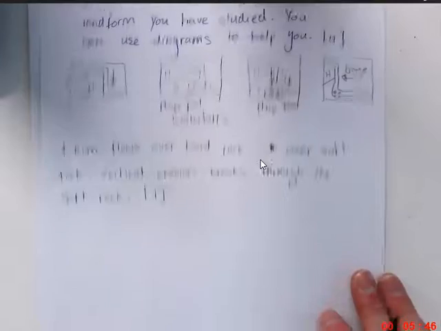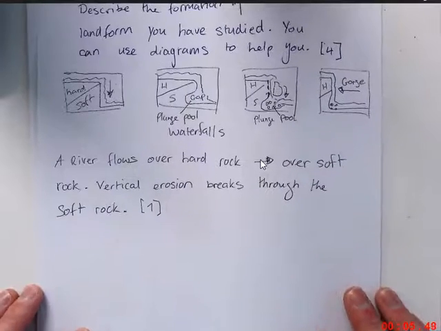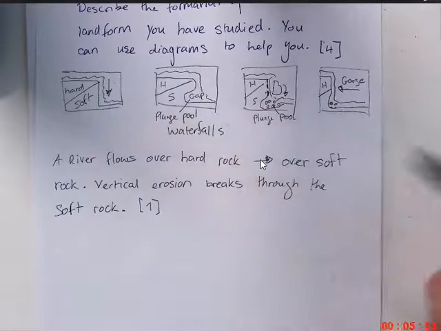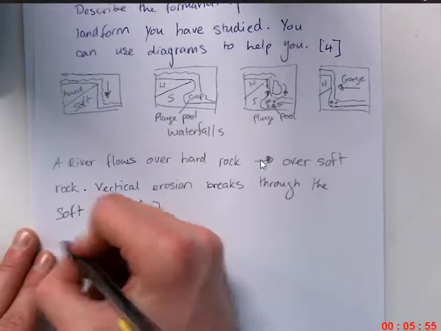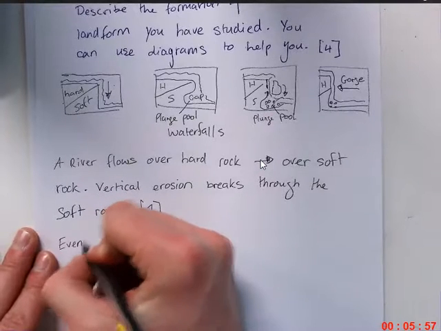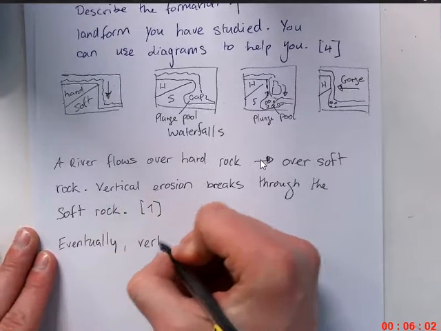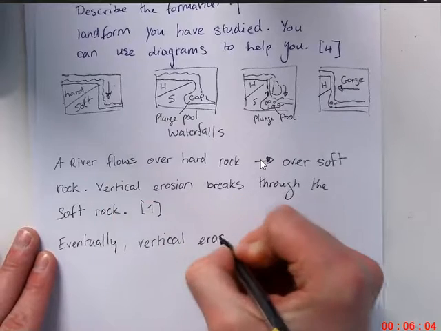Second thing that happens then, and again referring to the diagrams that we've drawn to help us out, and maybe if we forget to mention the plunge pool, we've labelled it in our diagram. So eventually that vertical erosion creates a plunge pool.